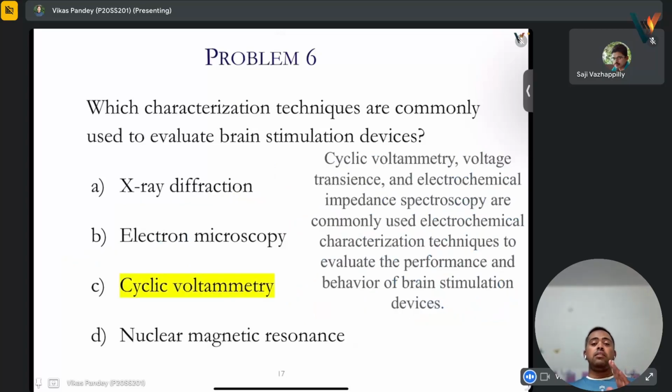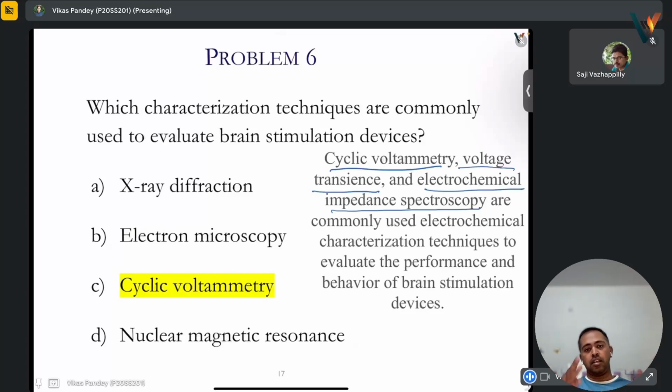Along with this, there are some other techniques that are used to characterize these stimulating devices. That is voltage transients and electrochemical impedance spectroscopy. Cyclic voltammetry is where we continuously cycle through a range of voltages to see the set and reset cycle, like how it is responding.